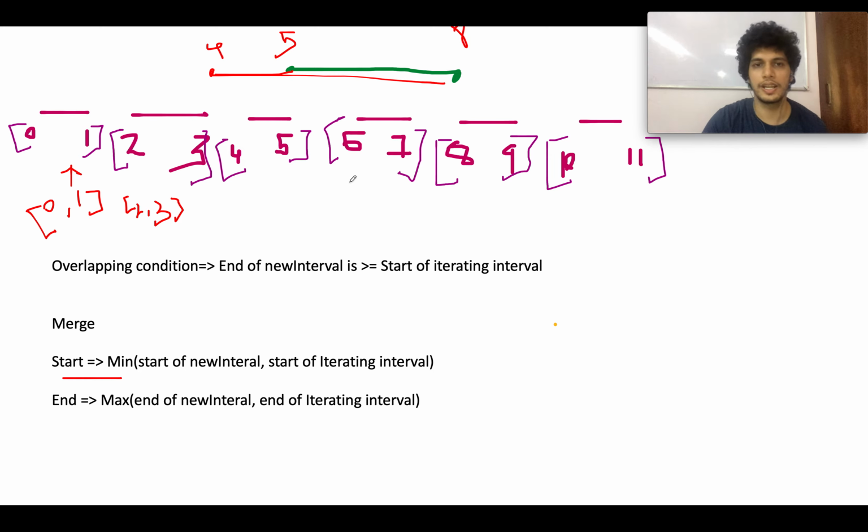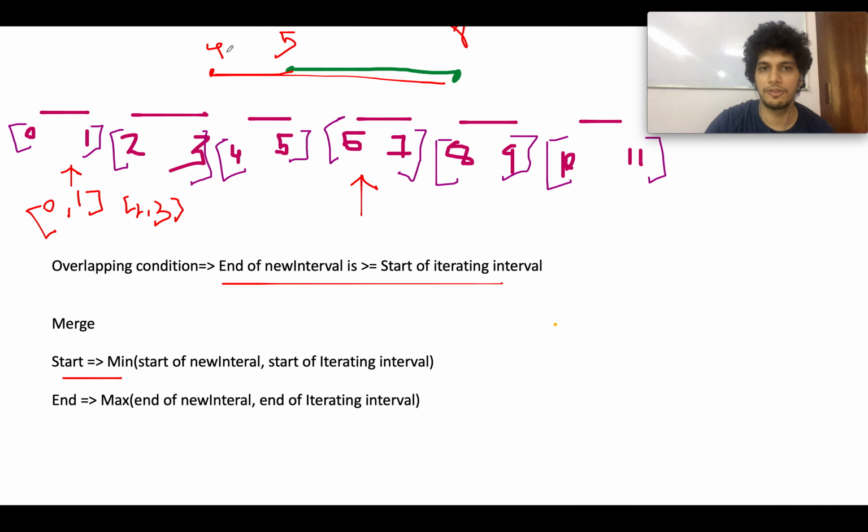You move ahead in your array, and then comes 6 comma 7. Here now let's check whether the overlapping condition is true or not. End of the new interval, which is 8, is greater than start of your iterating interval. Start is 6 and end is 8. You compare these two values. Overlapping condition is true. Then what do you need to do? You need to perform the merge operation.